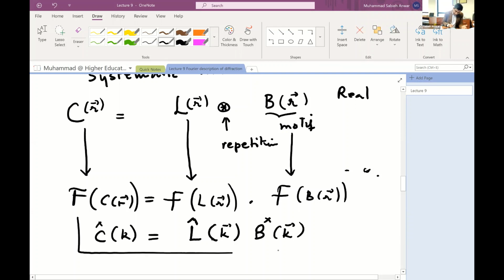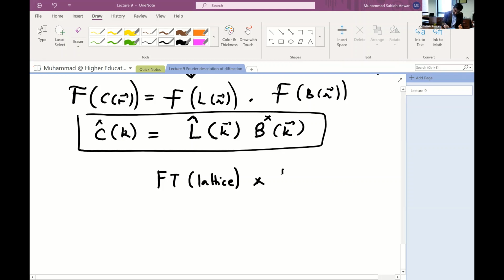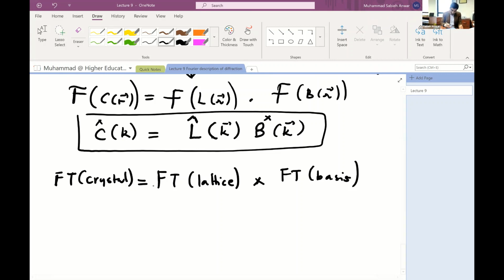I can write this in English as well: the Fourier transform of the lattice multiplied with the Fourier transform of the basis gives me the Fourier transform of the crystal. Now, all of this is in the K space or the reciprocal space.